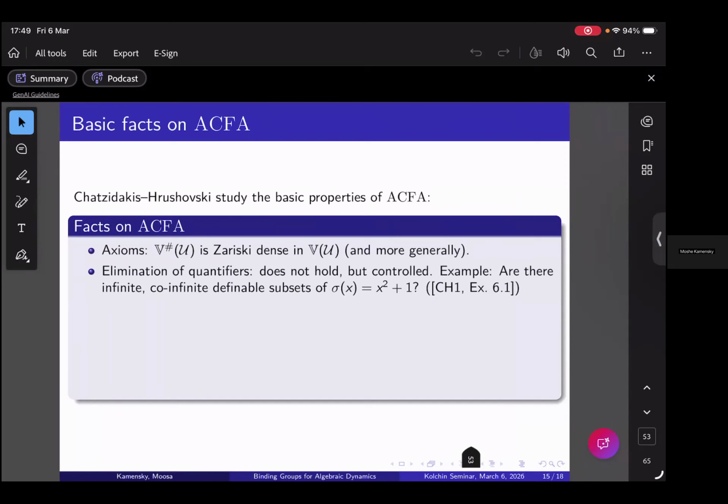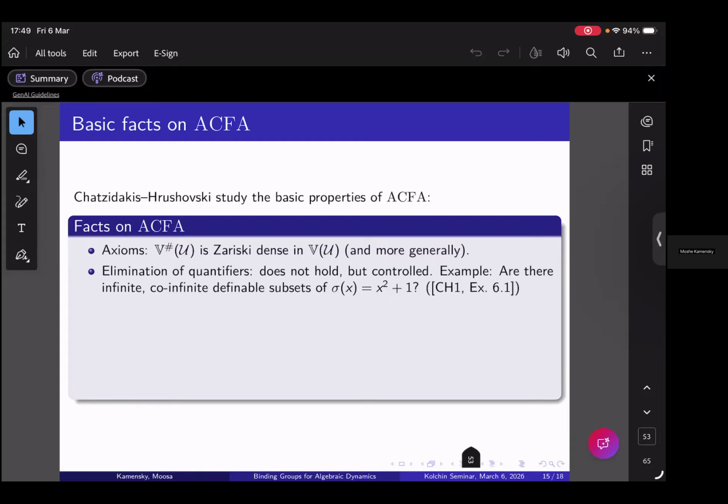But there is some understanding of what are the sets that are definable with quantifiers. They're quite simple, given that we don't have quantifier elimination, but still the situation is complicated.